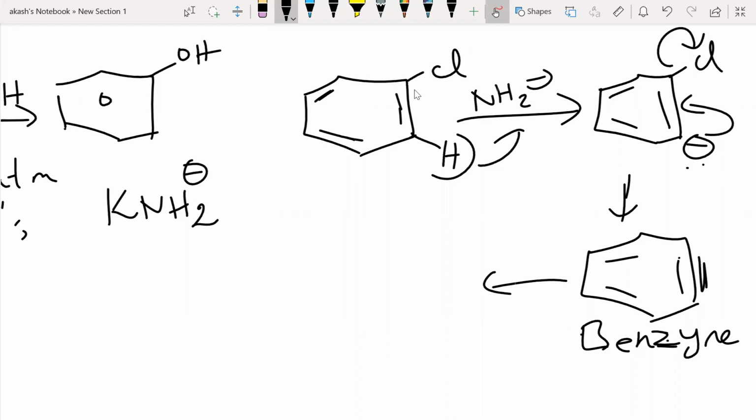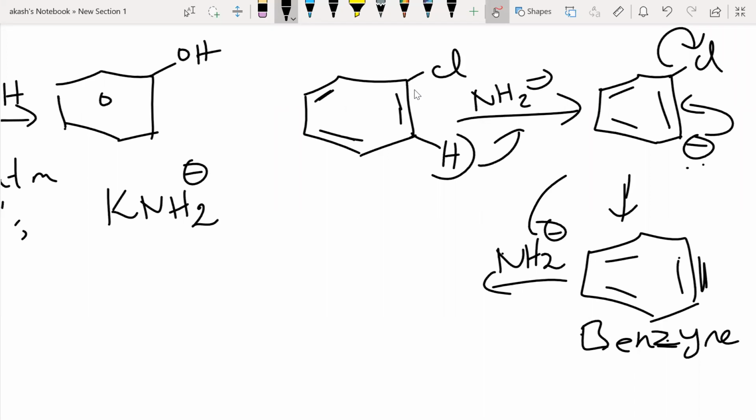Next, the nucleophile is going to come. NH2 minus is going to come. Now, obviously, it can attack on two sides.